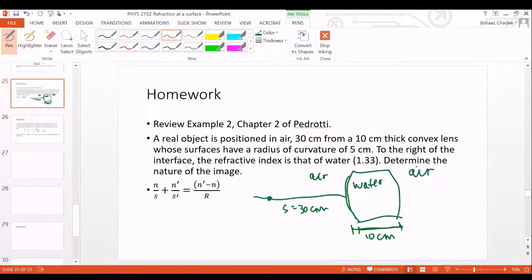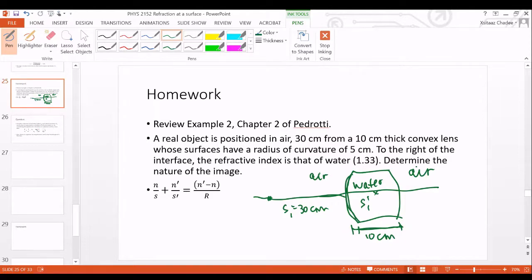So for this particular question, you have to consider where the image forms due to refraction for the first surface. We call this S1 prime, which might form somewhere here in the water. And because you know the thickness of the lens, this image acts as an object for the second surface. So you have S1, which is 30 here. You'll have to find S1 prime, which is the image distance.